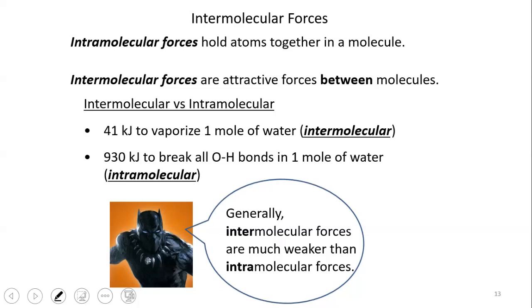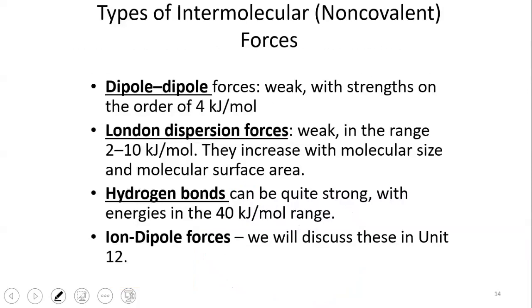So let's make a list here of what are some of the intermolecular forces. Let's start out here with a list, and then we'll go and discuss them one by one. The first one is called dipole forces. These are, again, weak forces, strengths of the order of about 4 kilojoules per mole.